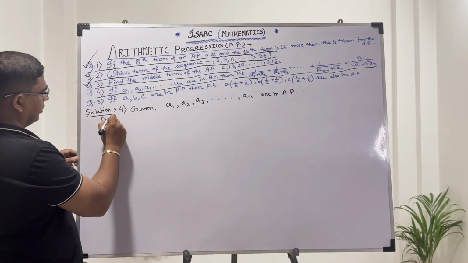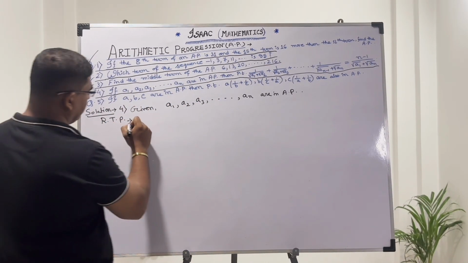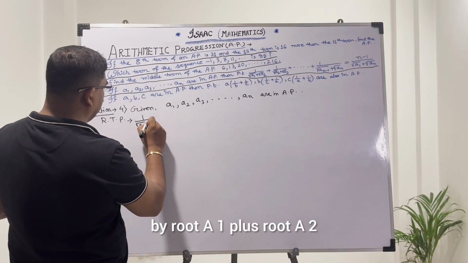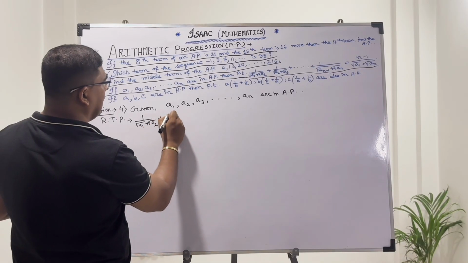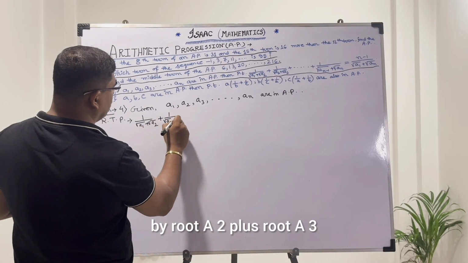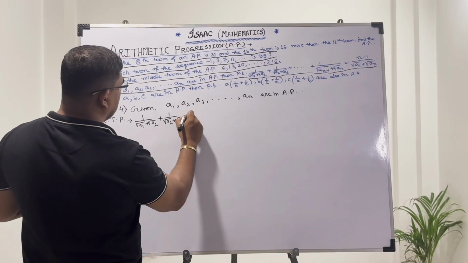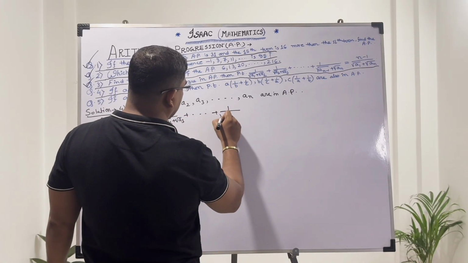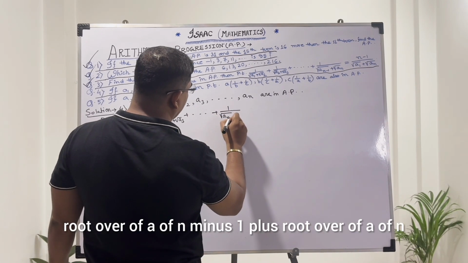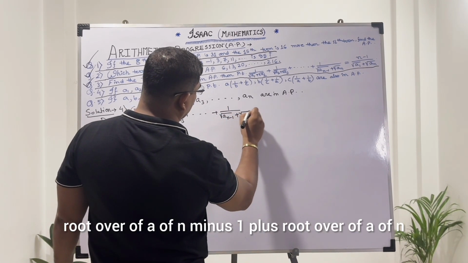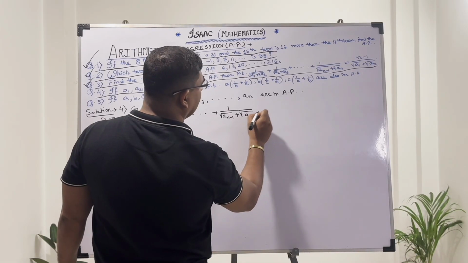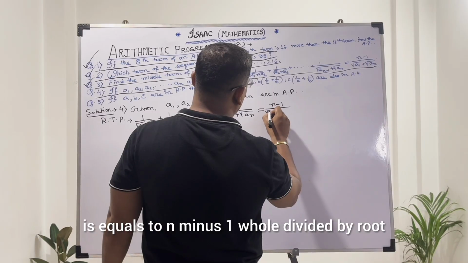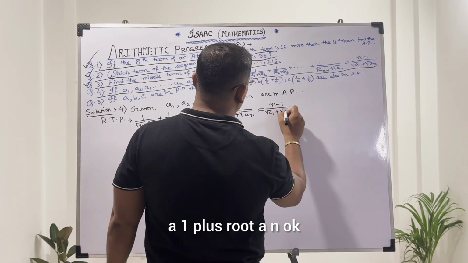Required to prove: 1 by root A1 plus root A2, plus 1 by root A2 plus root A3, plus continuing, plus 1 by root A of n minus 1 plus root A of n, is equal to n minus 1 whole divided by root A1 plus root AN.